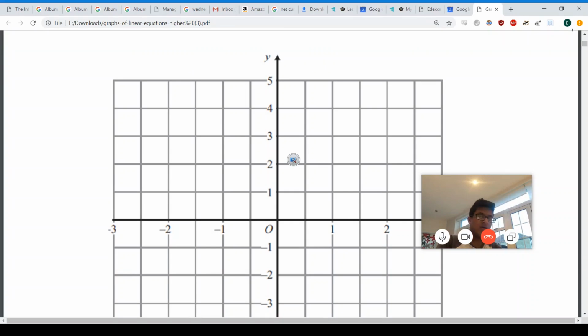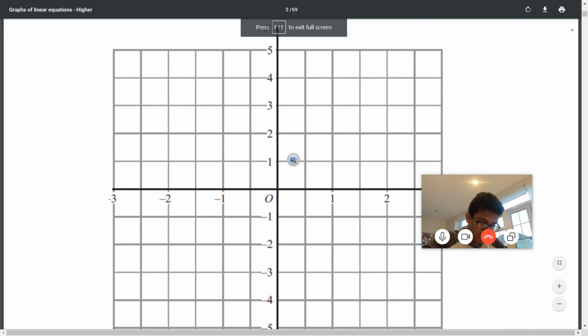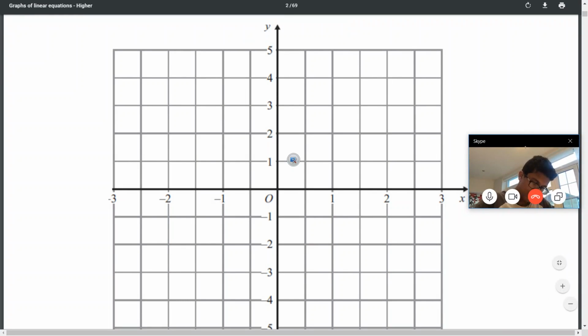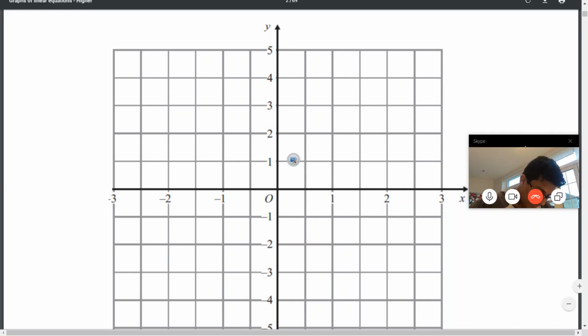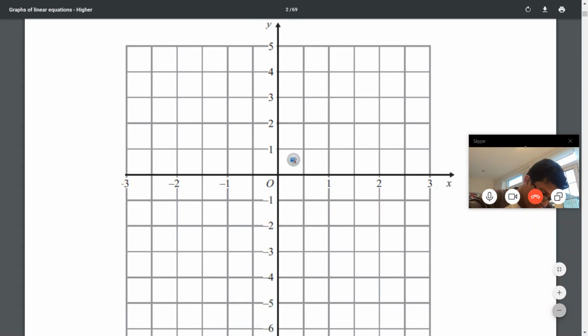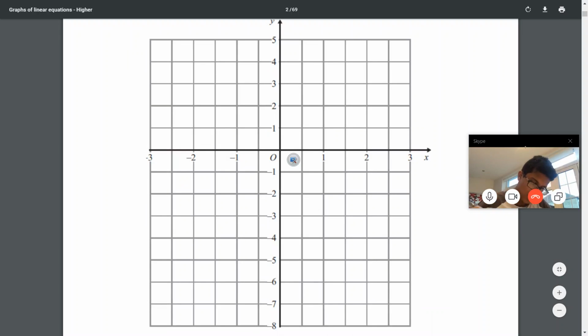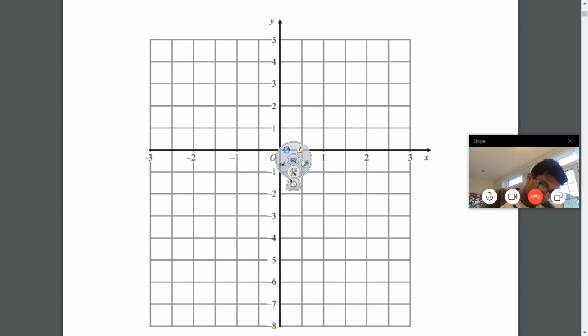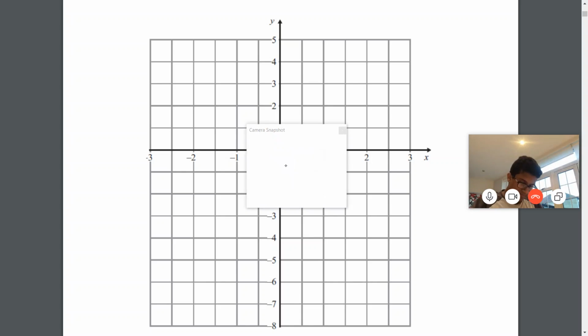Yeah, that seems right. If I was to draw this equation, it would be something like minus 2 to 2.